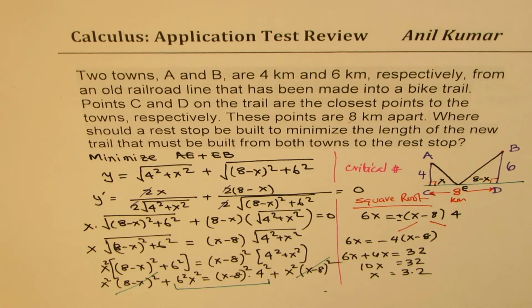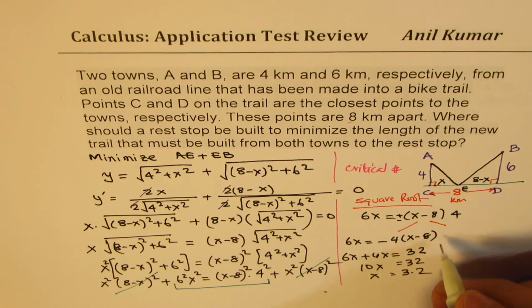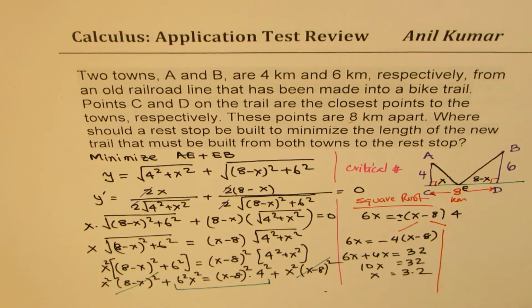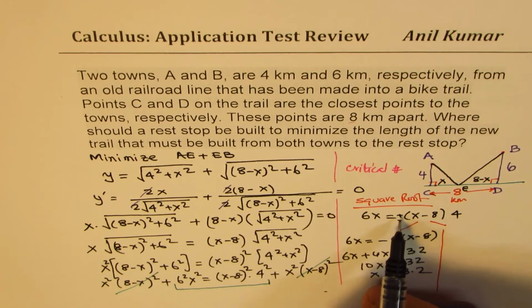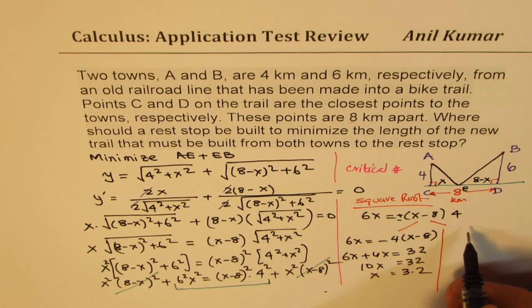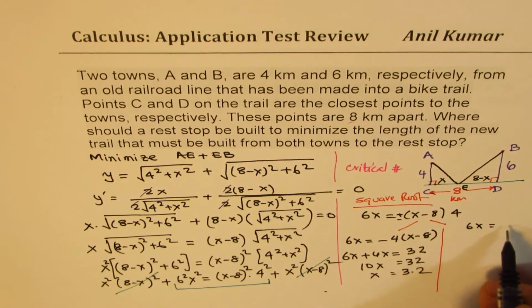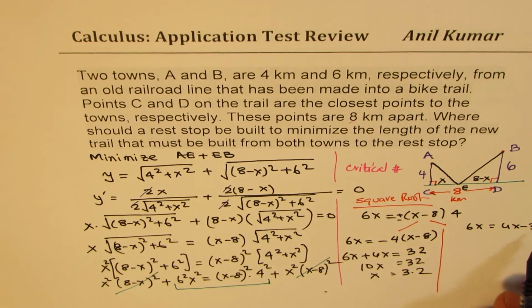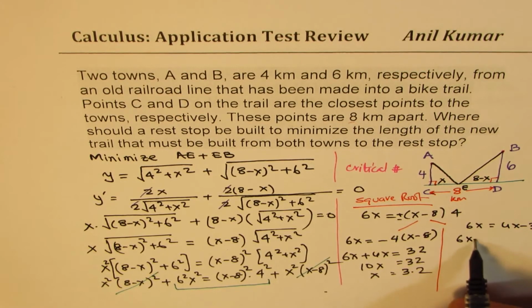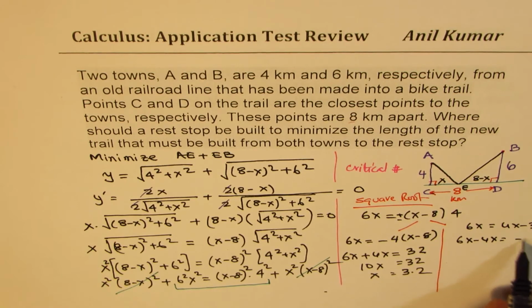Do you see that? Now that is one valid solution. The other one which you get, if I use the plus value, see what happens. We get 6x equals 4x minus 32, correct? Now in this case, we get an invalid answer, since this is negative. Do you see that? So it is not valid.